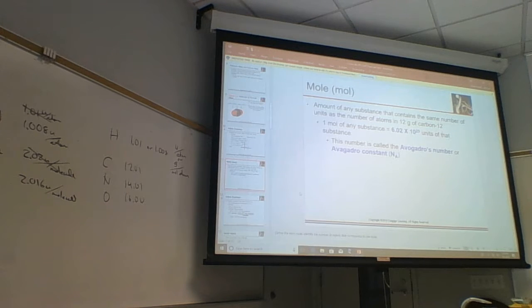And so what you have to do is develop a story for this number. This number we call the mole. And the number specifically is called Avogadro's number.